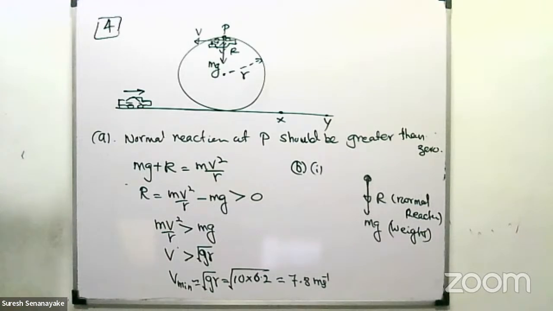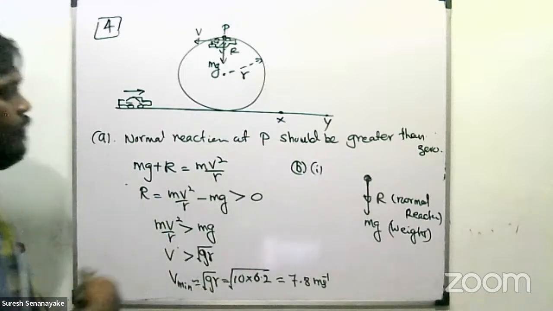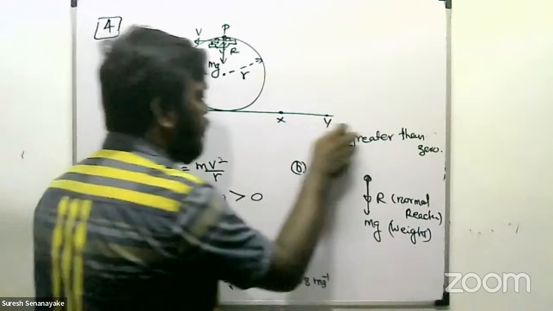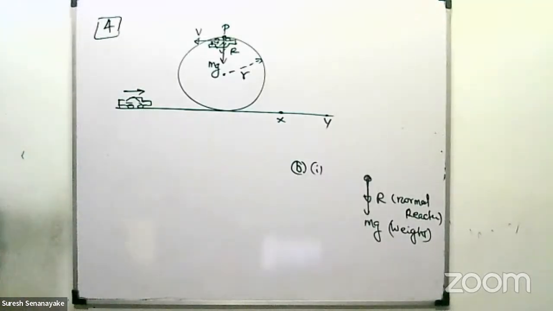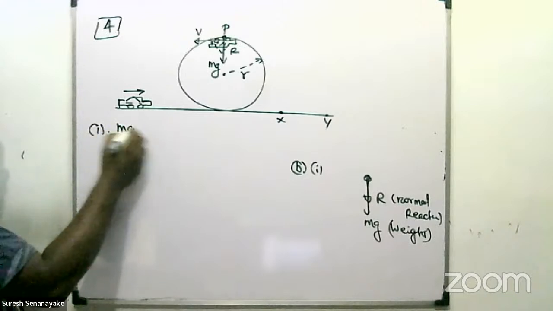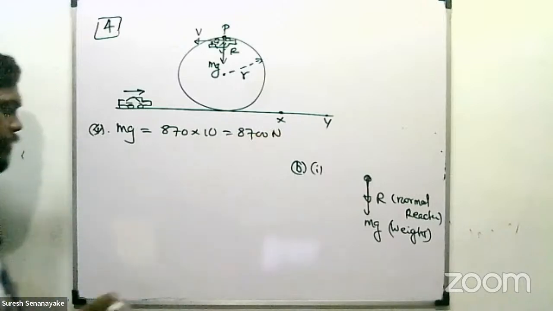Calculate the size of each force. The weight, that's mg, equals 870 into g, that is 8,700 newtons.